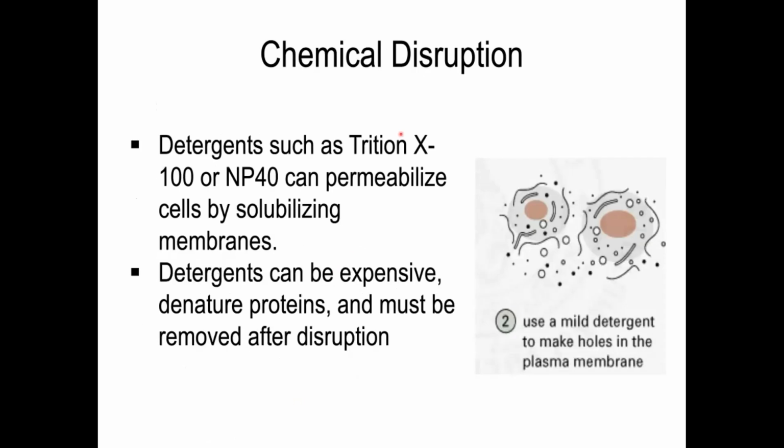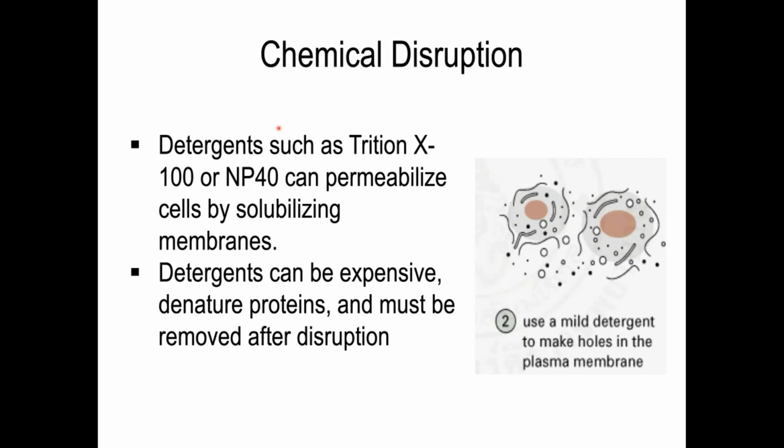Now, chemical disruptions. Chemical disruptions are based on the use of detergents. You know, detergents are something like soaps. Depending on the concentration at which you use them, they form micelles, and you are working below the critical micellar concentration so that you can solubilize the membranes and free the proteins.